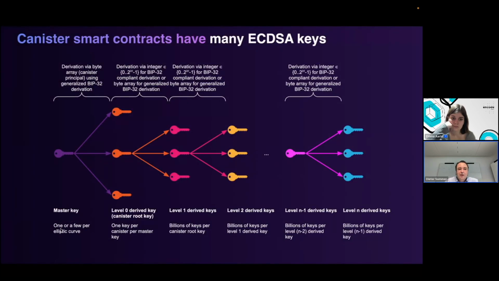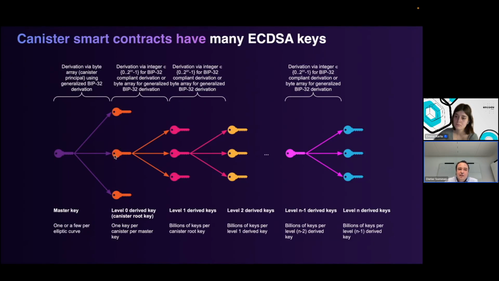Now every canister has a so-called derived key. It's a key derived at level 0 of a derivation hierarchy. This means every canister gets a derived key, and the canister principal is used as a string for the key derivation. There's some hashing involved here to derive a new key from the principal that is presented here.